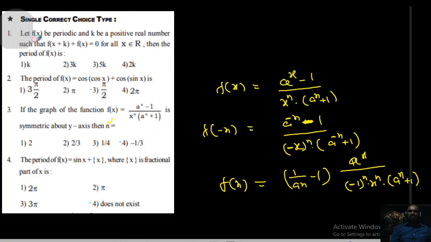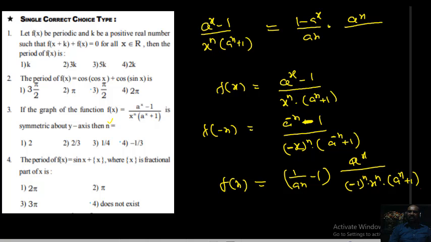So instead of this f of x I can write this. (a power x minus 1) by x power n into (a power x plus 1) should be equal to this: (1 minus a power x) by a power x into a power x by (minus 1) power n into x power n into (a power x plus 1).